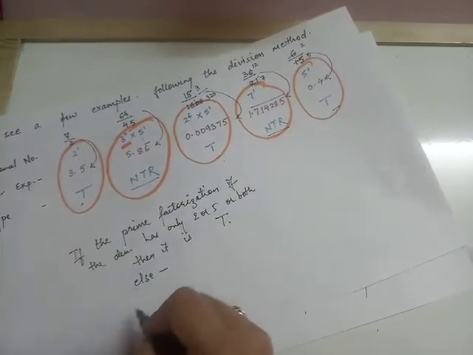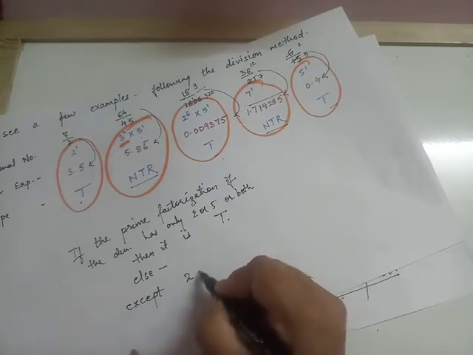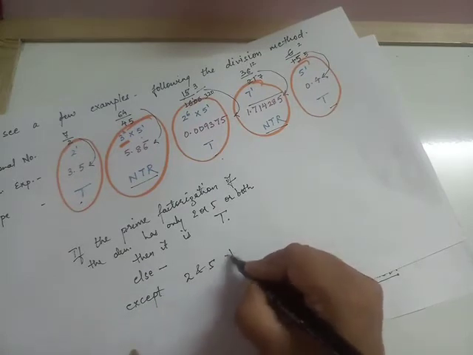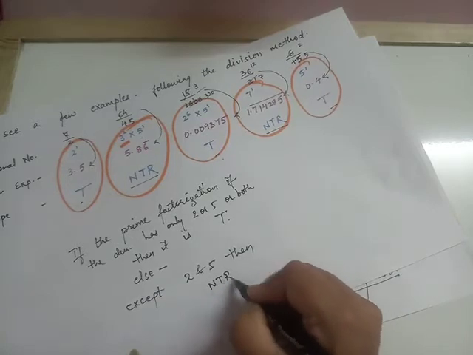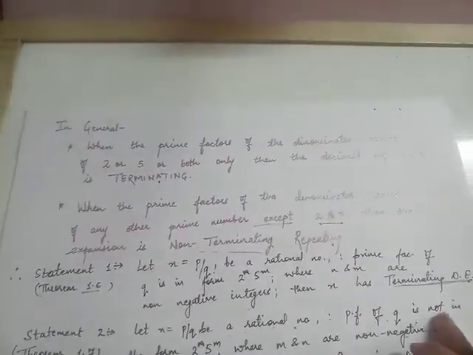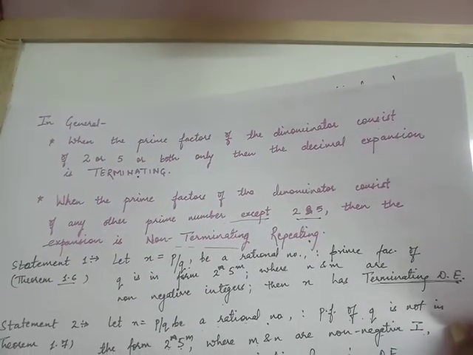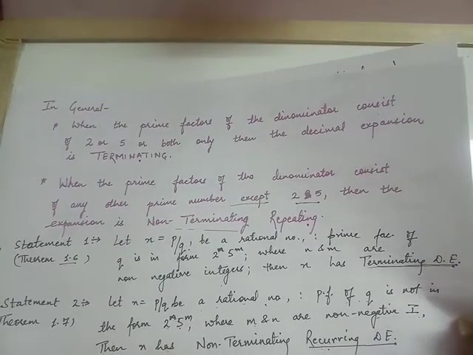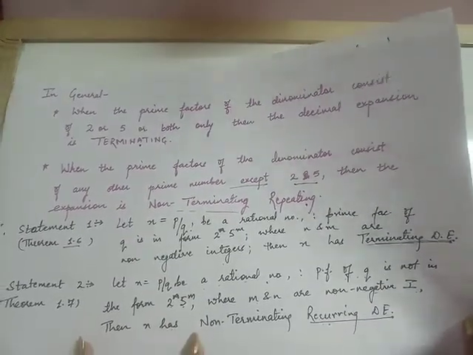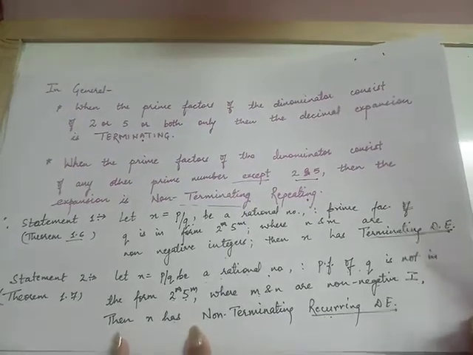Else, if it has any other number except 2 and 5, then it is non-terminating, repeating. So when the prime factorization of the denominator consists of 2 or 5 or both, the decimal expansion is terminating. When the denominator consists of any other prime except 2 and 5, then it is non-terminating, repeating.